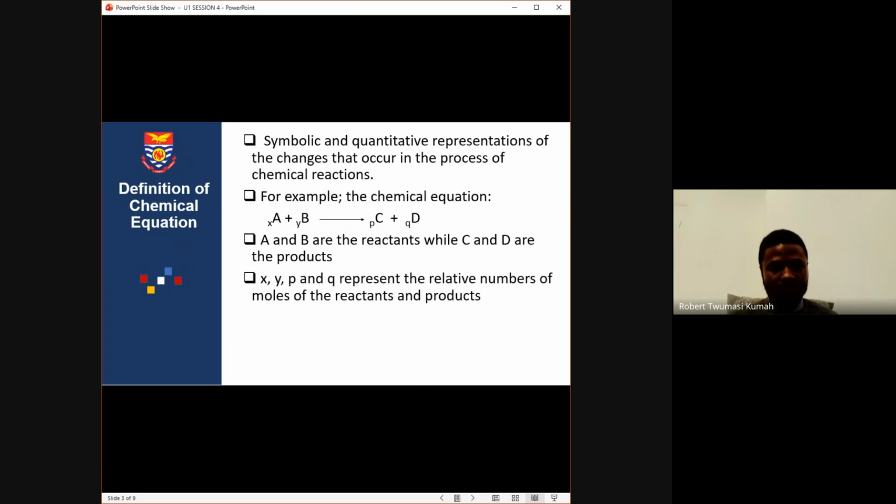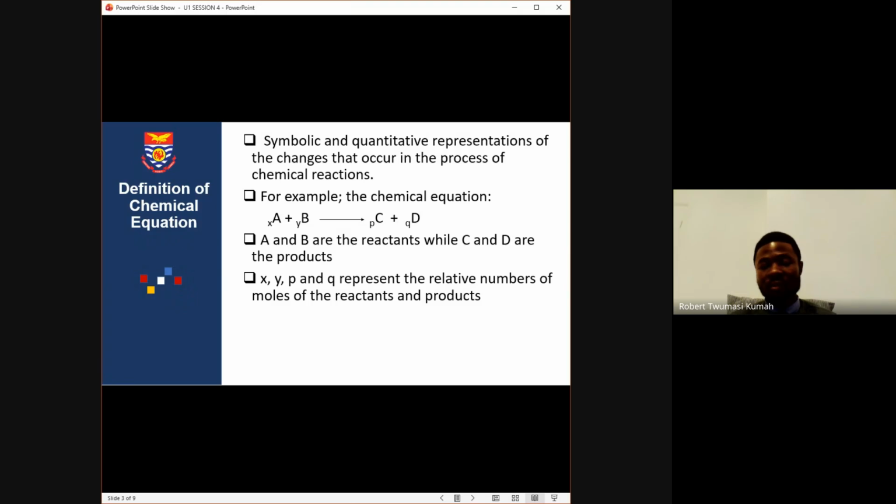And X, Y, P, and Q represent the relative numbers of moles of the reactants and products. So the X here, the Y here, the P, and the Q are the relative numbers of moles of reactants and products. And that is where balancing takes place.